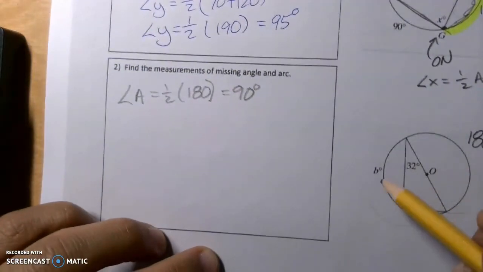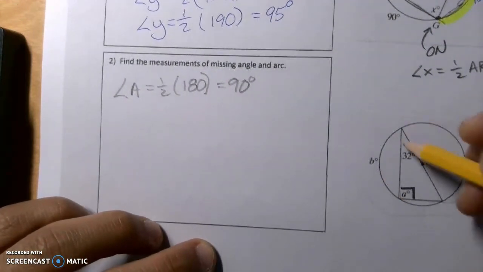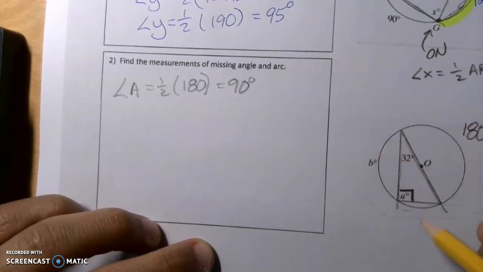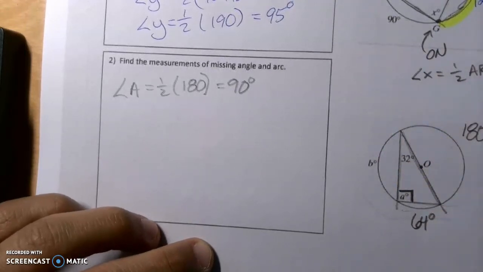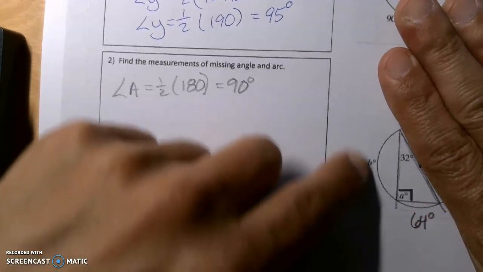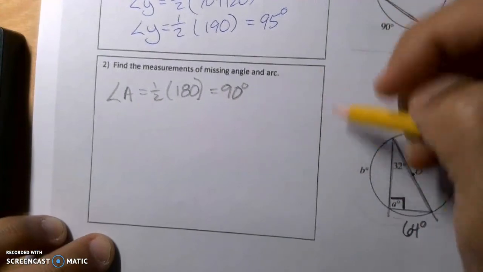Now, we can figure out angle B in a couple of ways. We can look at this angle, 32. Angle 32 hits this arc out here. They didn't ask for this, but this would be double 32, which is 64. This line, which is the diameter, cuts through half the circle, so I can go 180 minus 64 to get arc B, excuse me.